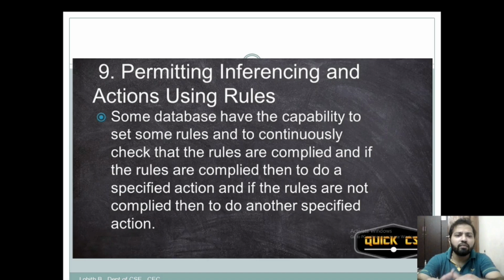So this is about permitting inference and action using rules. Some databases have the capability to set rules and continuously check that the rules are complied with, and if the rules are complied with, then perform a specified action, and if the rules are not complied with, then perform another specified action. This could be done with the help of triggers. We also have a feature called assertion.